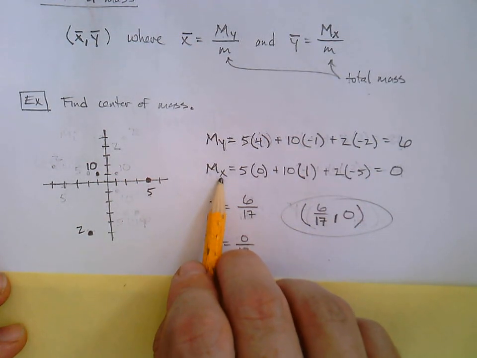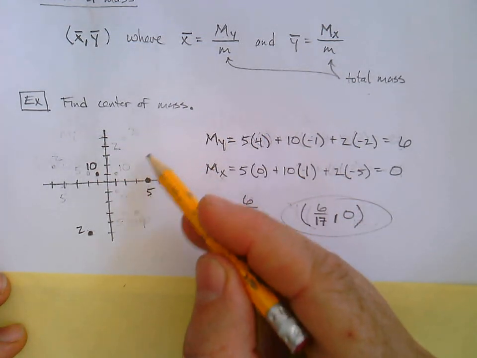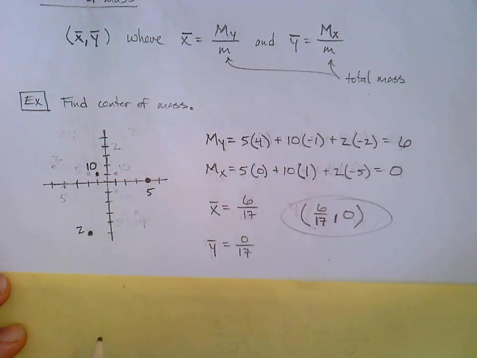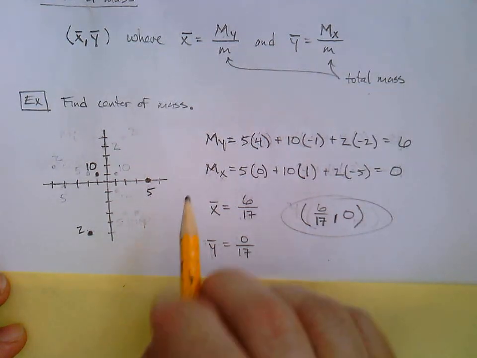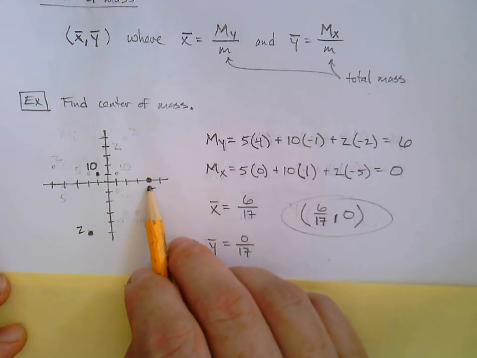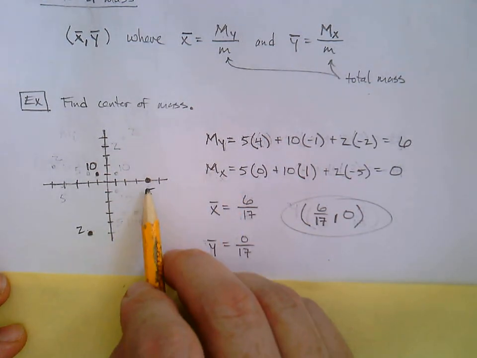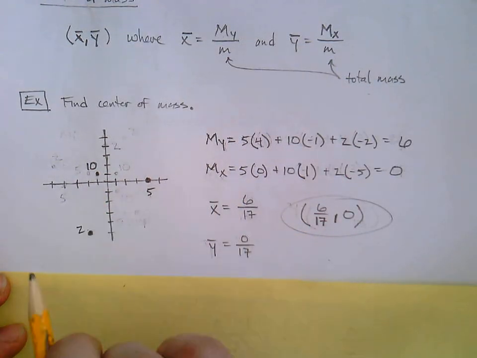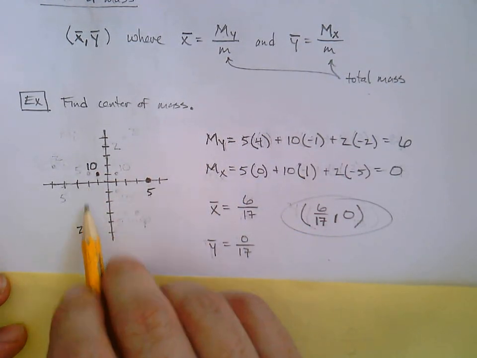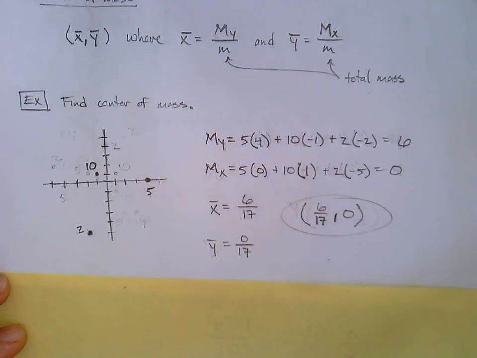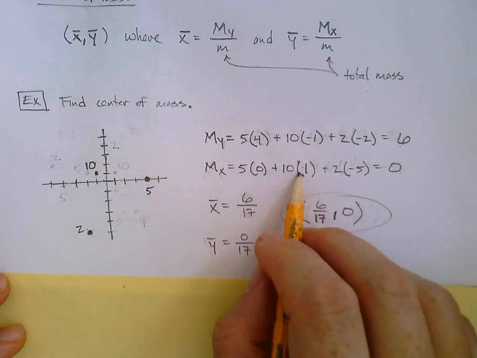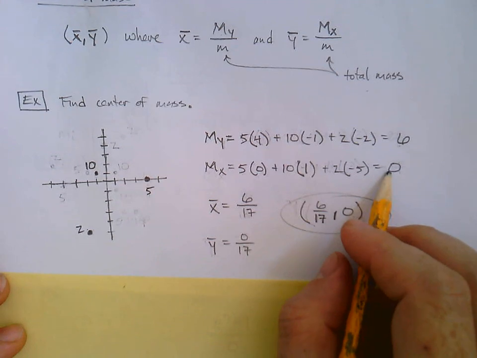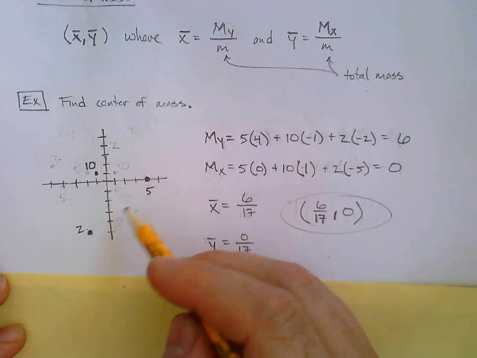Then we'll find m sub x, the moment about the x-axis, that's the vertical rotation. So we'll take the mass and multiply by its y value, so 5 times 0, plus 10 times +1, plus 2 times -5. And it just so happens to turn out, put all that together, and you get 0. So there's actually 0 vertical rotation.